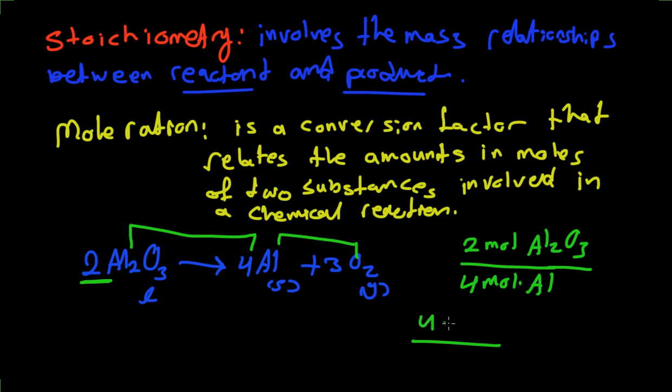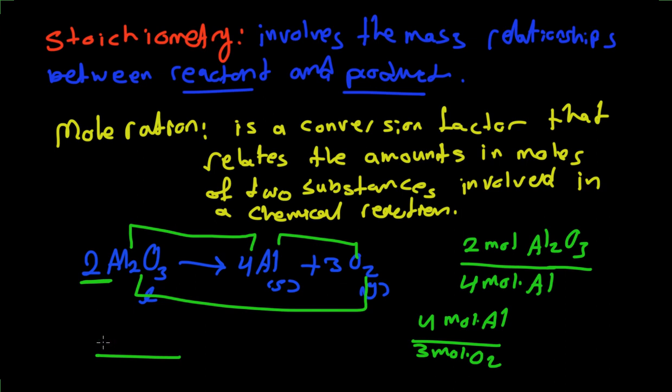So you can say 4 mole aluminum, 3 mole O2. Okay, one more example. Between aluminum oxide and oxygen, you say 2 mole of aluminum oxide over 3 mole of O2. Good.